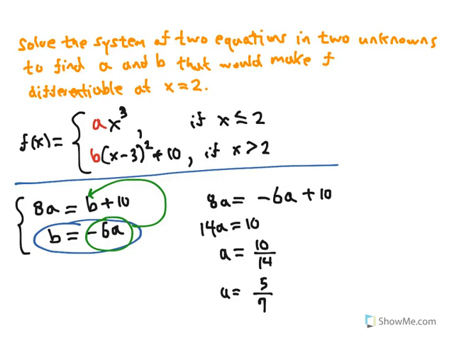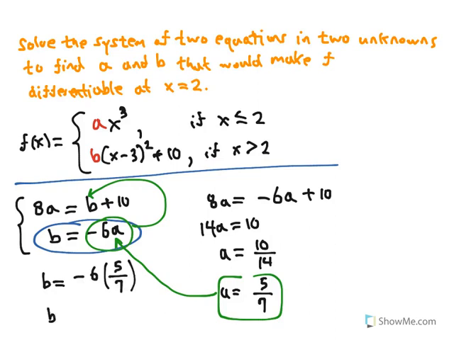What should b be? To figure that out, you take a is equal to 5 over 7 and substitute for a in the second equation, and that would give you b is equal to negative 6 times 5 over 7. So that's negative 6 over 1 times 5 over 7, which is negative 6 times 5, which is 30, over 7.